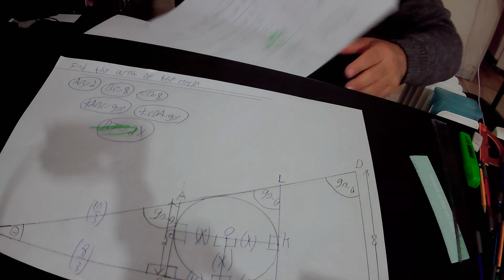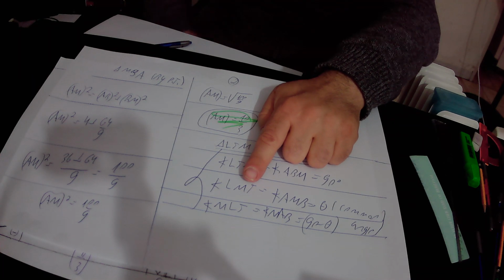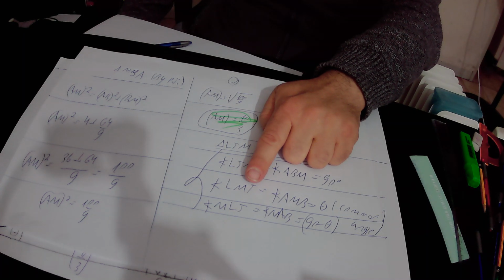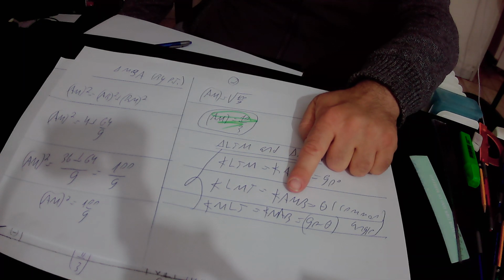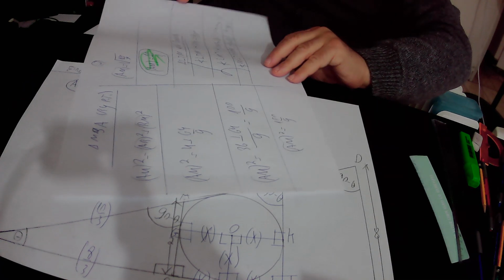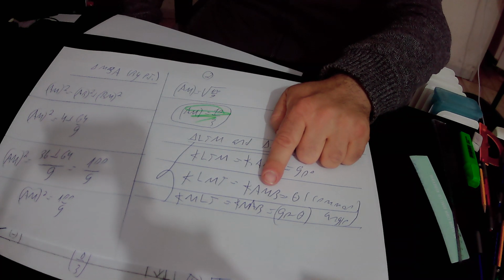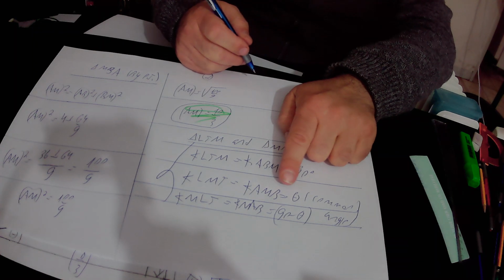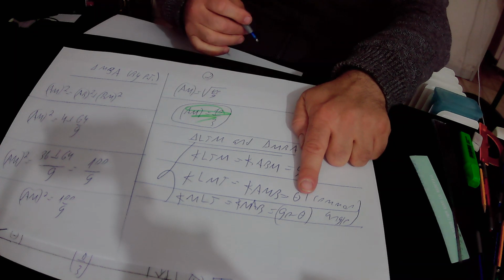Repeat again. Angle MLT in the right middle triangle LTM equals angle MAB in the right small triangle MBA. They are both equal to 90 degrees minus theta, therefore they are equal to each other.